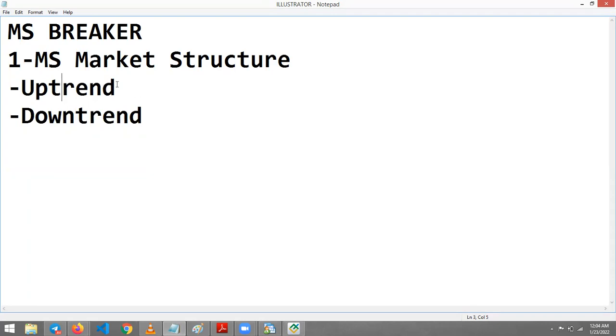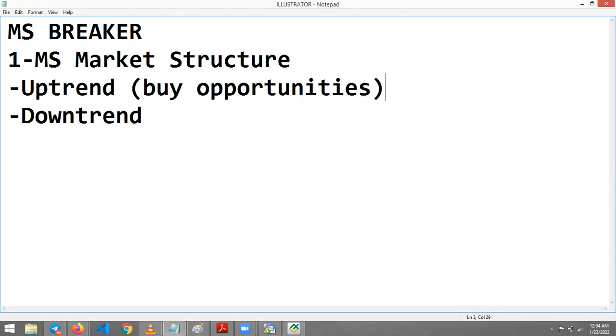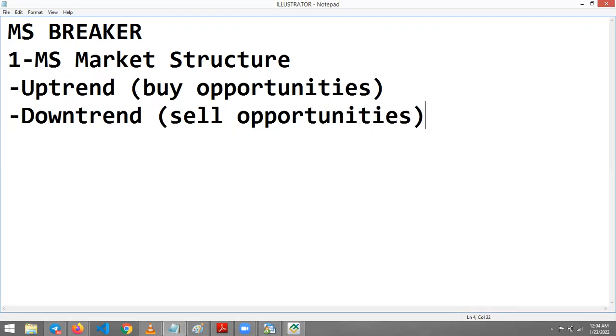Now, for the uptrend, you basically look out for buy opportunities. Then for the downtrend, you look out for sell opportunities. Just follow those simple basic rules.